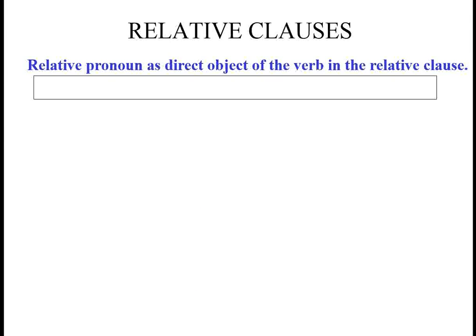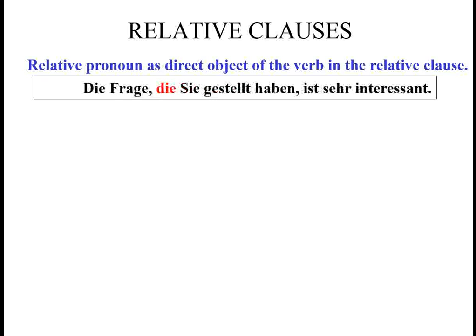So, here's an example. Die Frage, die Sie gestellt haben, ist sehr interessant. The question that you have posed, or the question you have asked, is very interesting. So in the context of this sentence, die refers back to the question. All right?